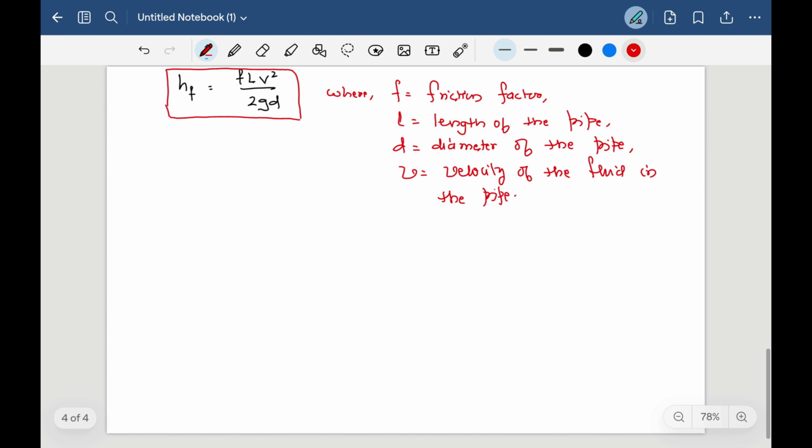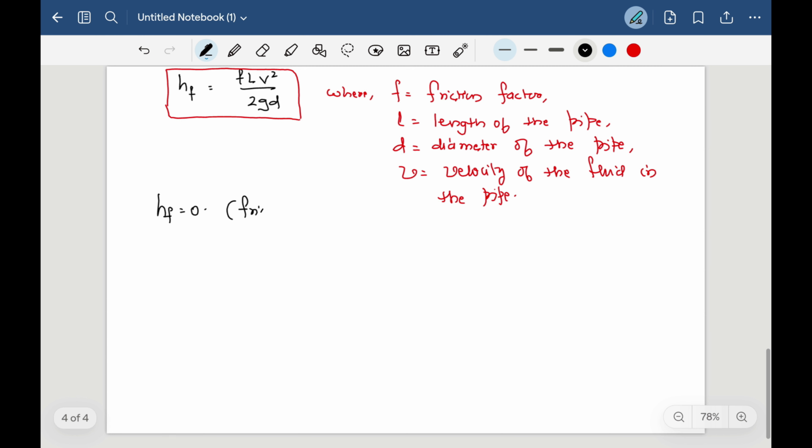If I say, for simplicity, as an introductory course on fluid mechanics, that my friction factor is 0, then HF will be 0. Frictional resistances are neglected.